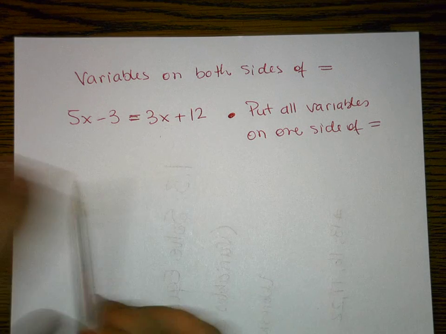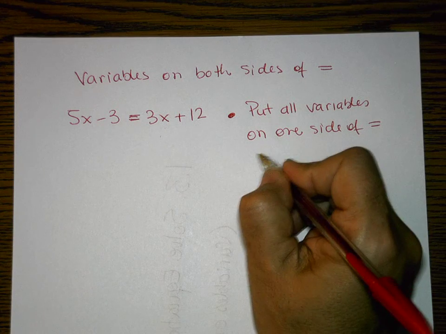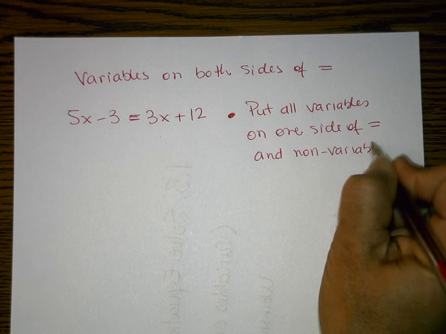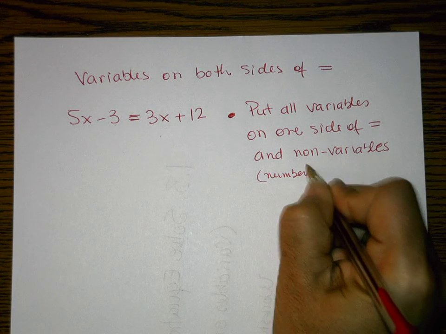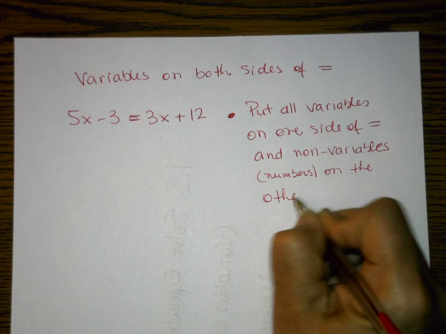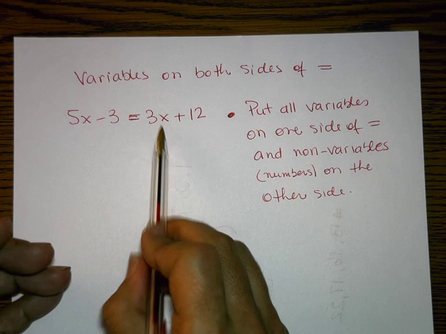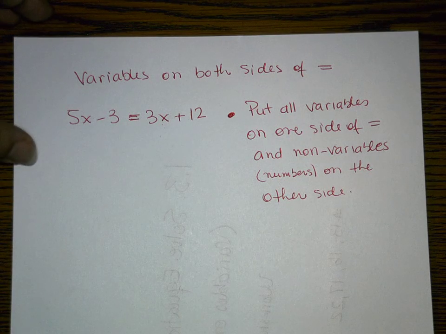So let's sort the variables on one side and the non-variables, which are just the numbers, on the other side. Everything that has a variable we want on one side, and everything that does not have variables we need to put on the other side.